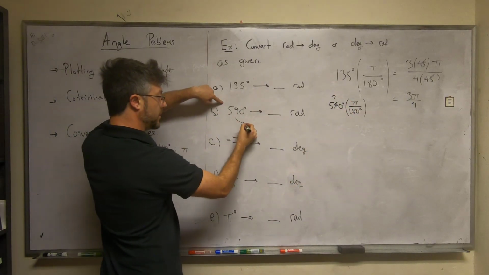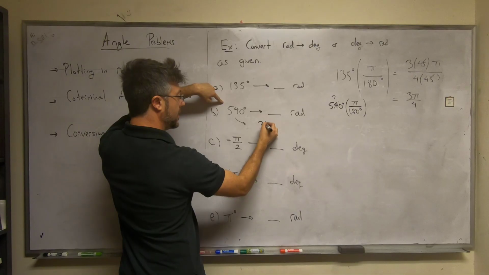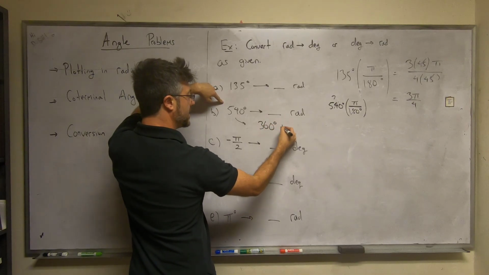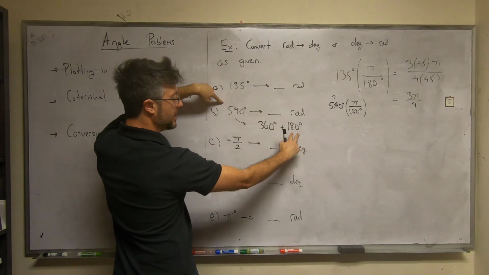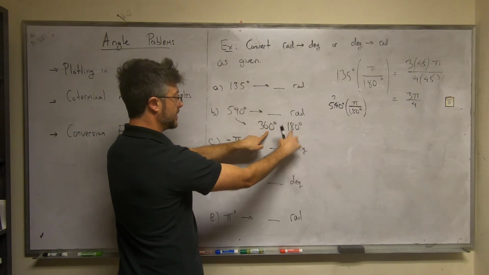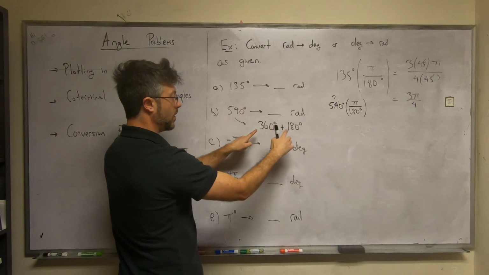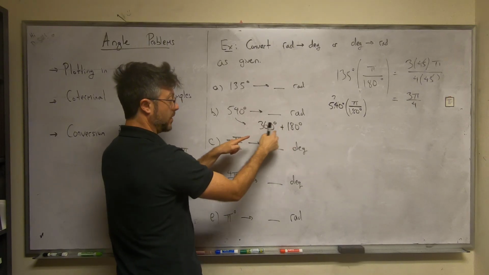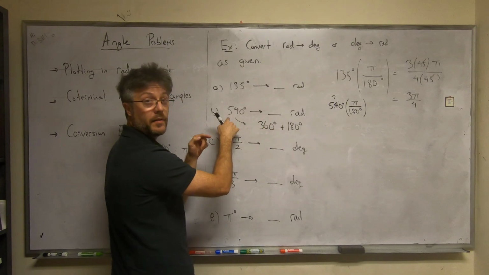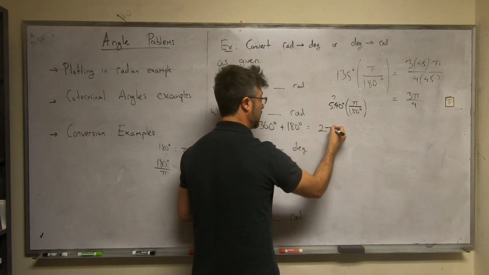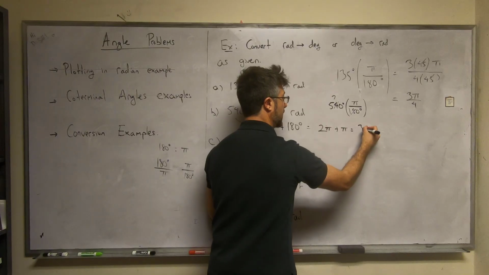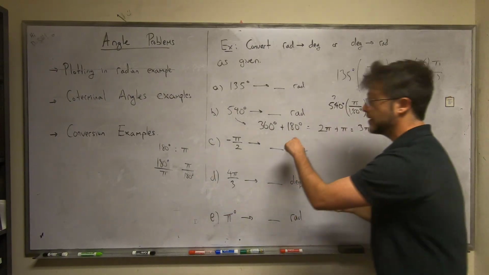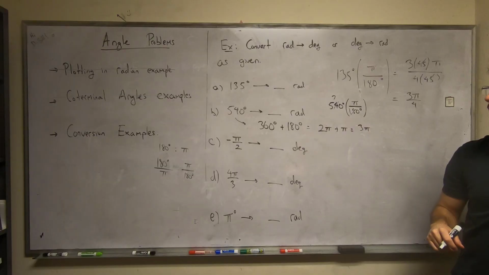But also an alternative path is to recognize that 540 is the sum of 360 and 180. And again, check it. 8 and 6 give me the 4, carry the 1, 5, because it's 1, and the 1 that's carried in 3 is 5. So then this would be 2 pi, and 1 more is 3 pi. So it could be done in that way for this problem.